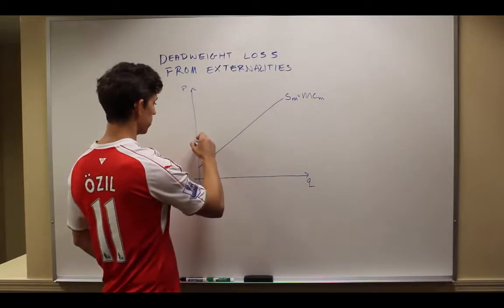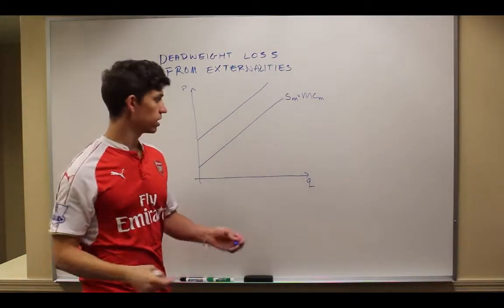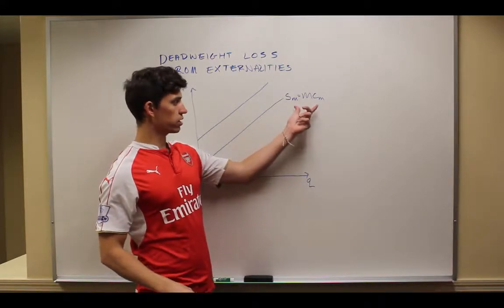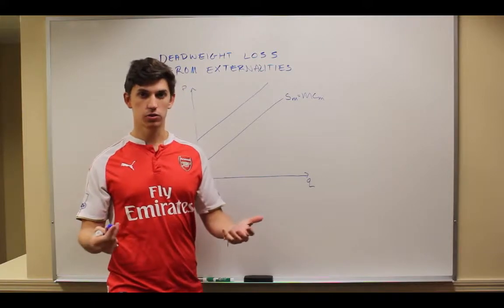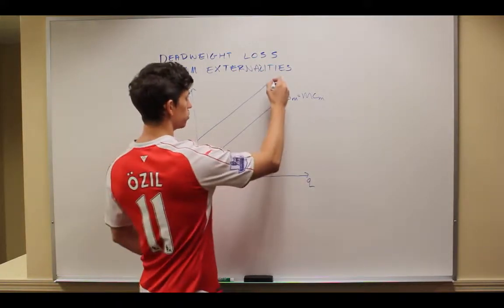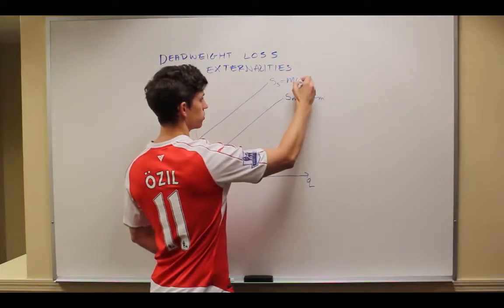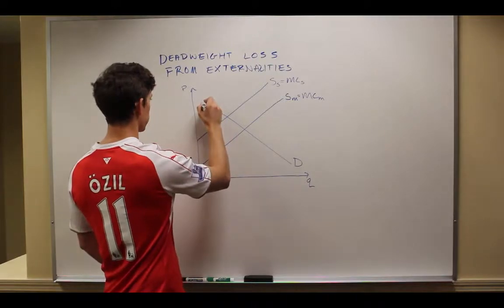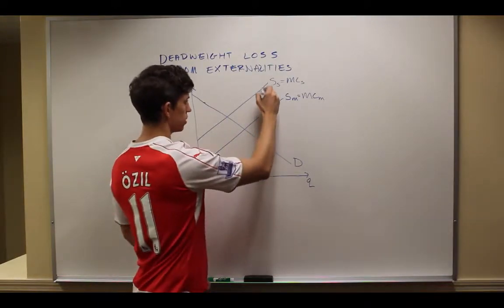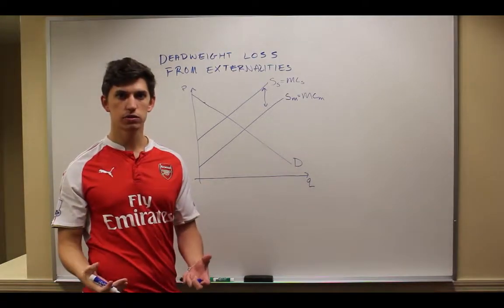And the idea is that because there is some externality associated with this, this market supply curve doesn't adequately reflect the cost associated with producing each one of these units. So we write that in terms of a social supply curve, or marginal cost curve, and we have our demand like usual. So this distance right here is the external cost associated with producing each one of these units.